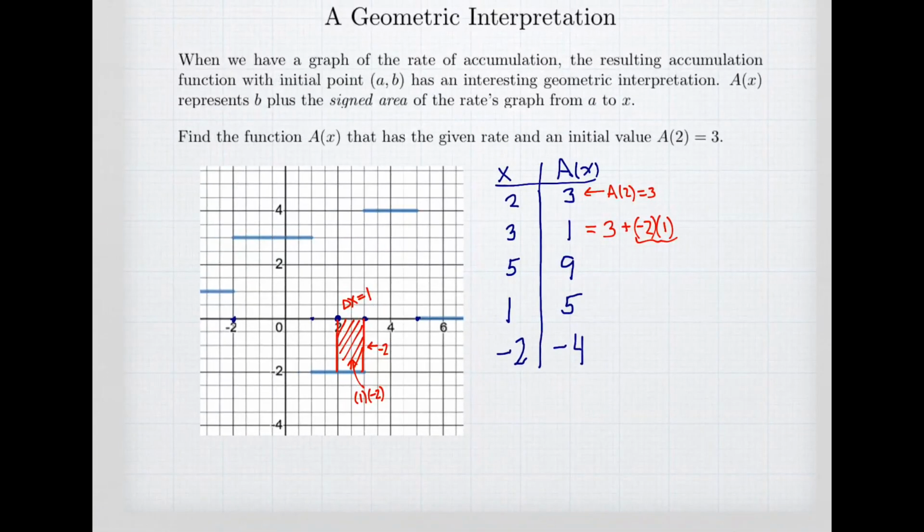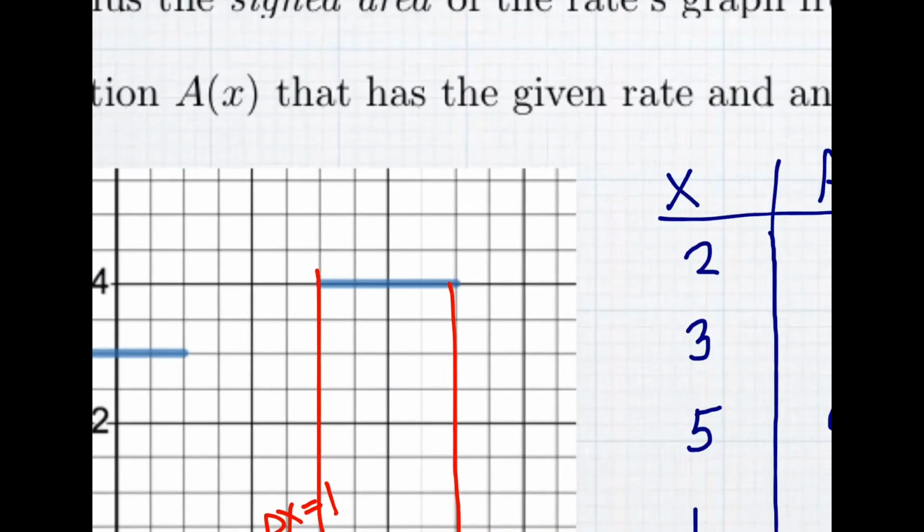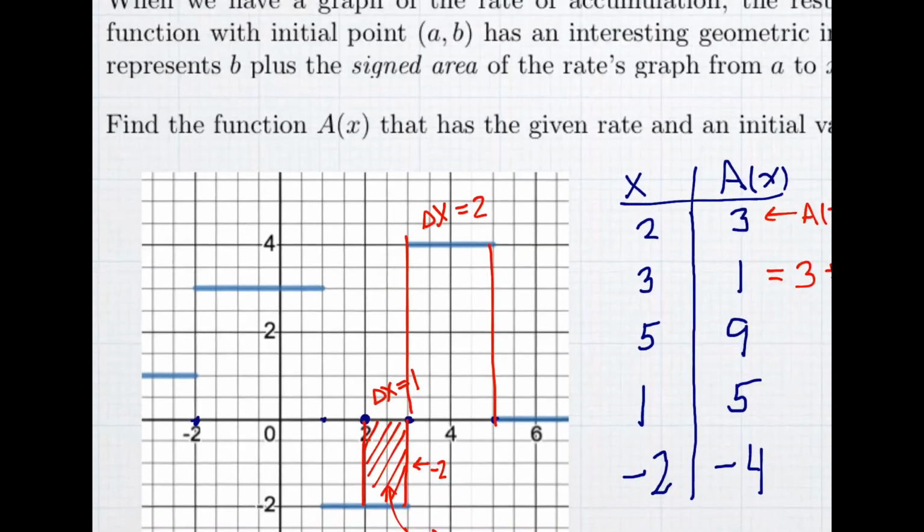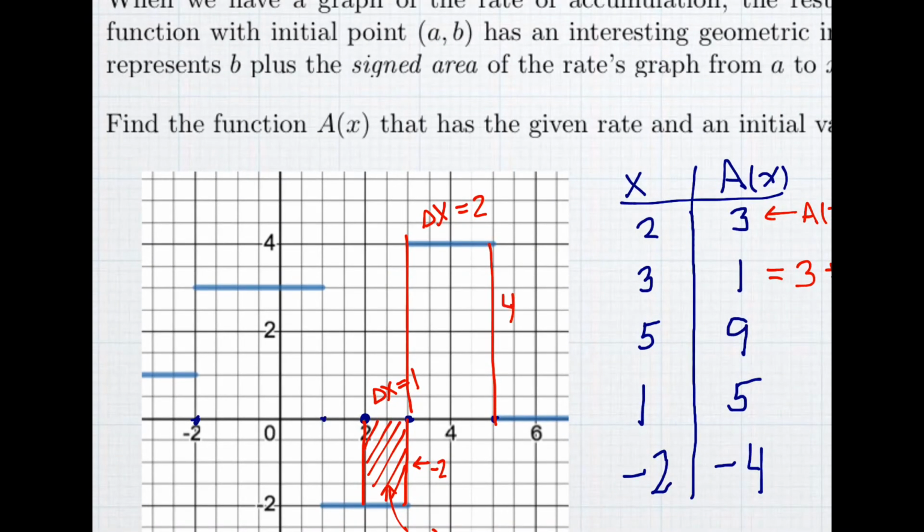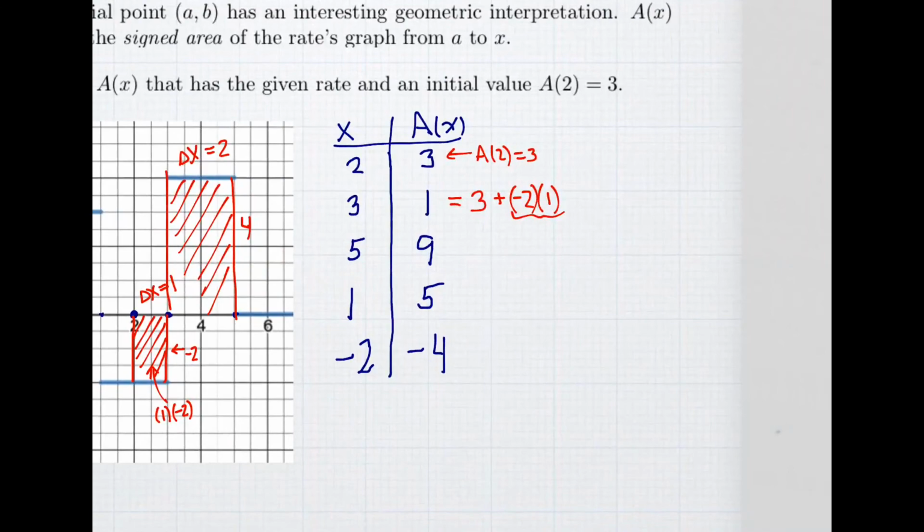Then what did I do? I went from 3 to 5, and that gave me a corresponding delta x when I did 5 minus 3 of 2. When I take that times this height of 4, I get another contribution of 2 times 4.